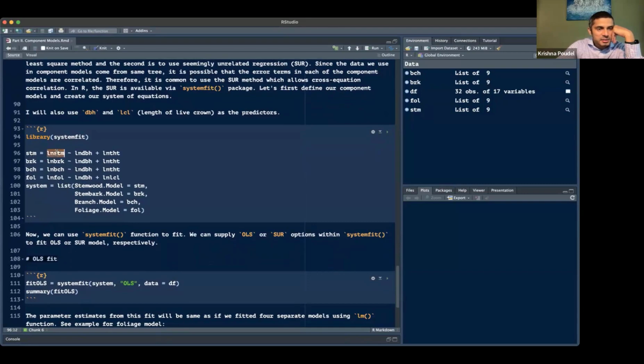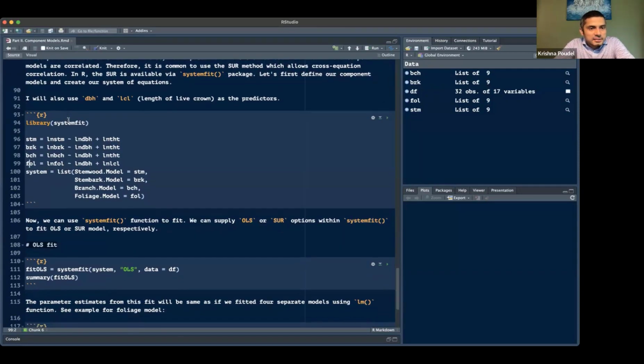STM will be a model that will predict natural log of stem wood biomass as a function of natural log of DBH and natural log of total height, and do the same thing for the others. And you'll notice I also changed the foliage model here. Instead of using total height, I use live crown length as the independent variable.